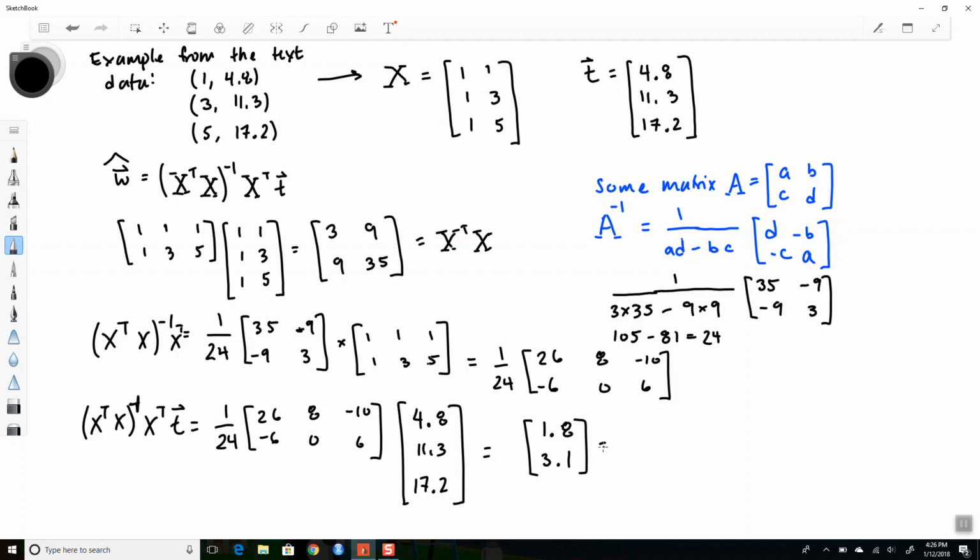And this would be my values for W0 and W1. So therefore, if T hat is equal to W0 plus W1 x, our estimates would be 1.8 plus 3.1.